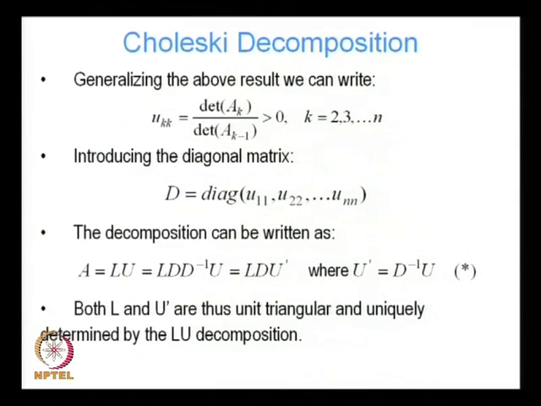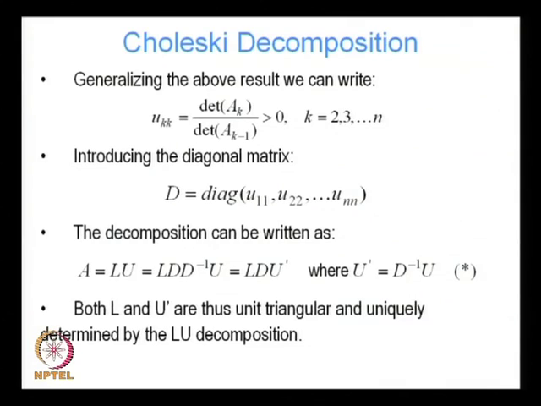In that case, the LU decomposition A equal to LU can be written as L D inverse U, which is identical to LU, and then as A equal to L D U prime, where we define an intermediate matrix U prime equal to D inverse U. It is clear that both L and U prime are unit triangular.